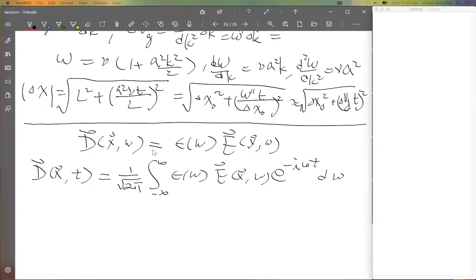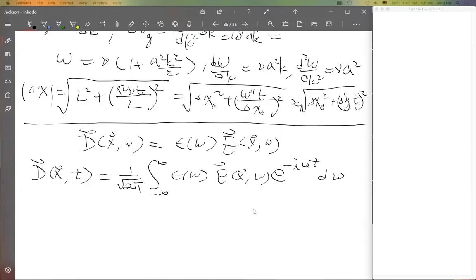That's just the inverse Fourier transform, but substituting this into the Fourier transform of D. This is using the convention of 1 over square root of 2 pi as the coefficient, so both the forward and inverse Fourier transforms have the same factor. We have this minus i omega t as usual here, but in the forward Fourier transform we have i omega t.